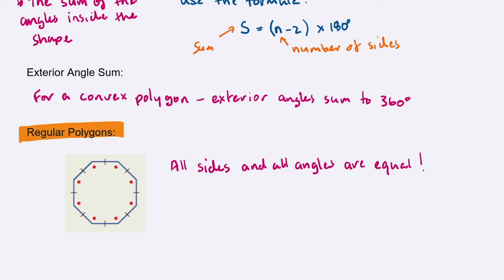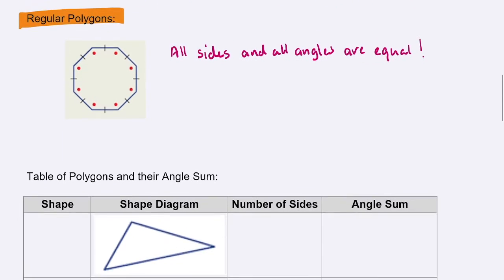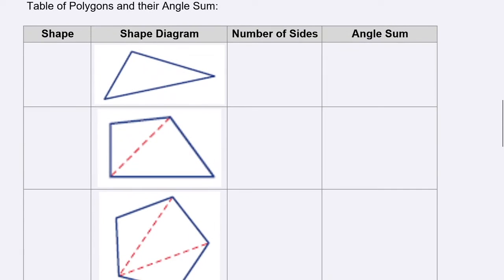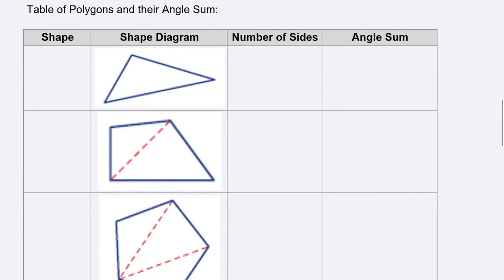Okay, let's get in and have a look at some of the different polygons that we have. I have here a table of shapes, and I've got 5 different shapes plus an extra little bit of information to look at. So our first shape, well, that's a triangle.